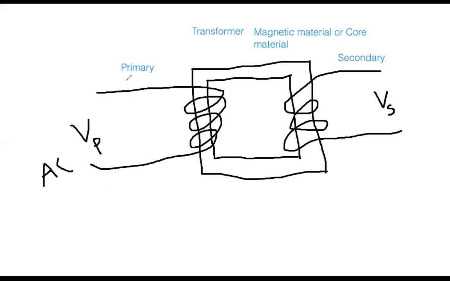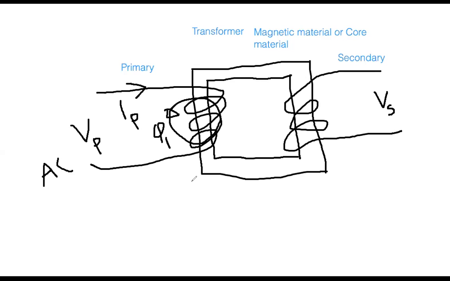Once I apply the voltage VP, the current flowing through it, which I designate IP, again IP means primary current, flows through this coil. So what is the effect of that current flowing? That we learned before. There will be flux. For example, this is phi 1.